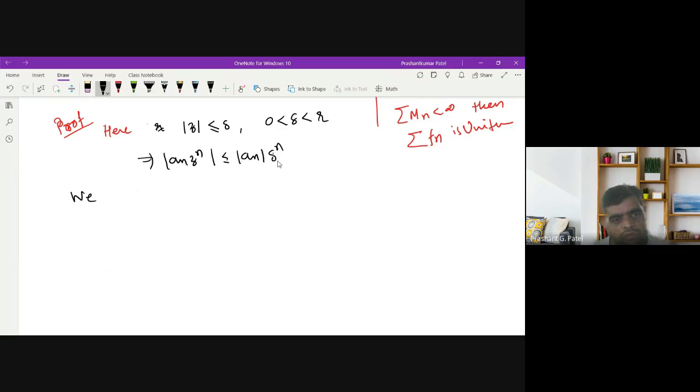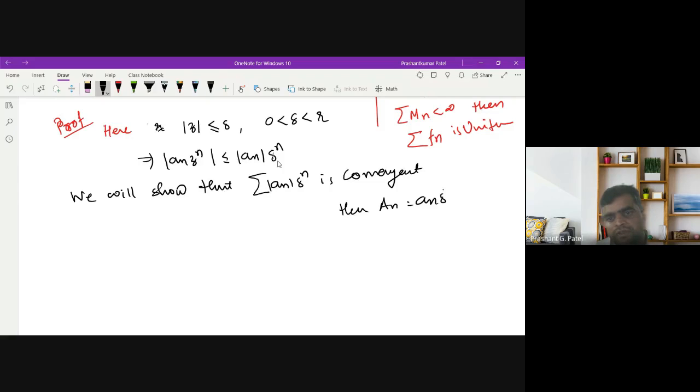So we will show that summation of mod a_n delta raised to n is convergent, which can be easily done using the ratio test. Here, capital A_n is mod a_n times delta raised to n. So limit n tends to infinity of A_{n+1} upon A_n will give limit n tends to infinity, mod of a_{n+1} delta raised to n+1 upon a_n delta raised to n.